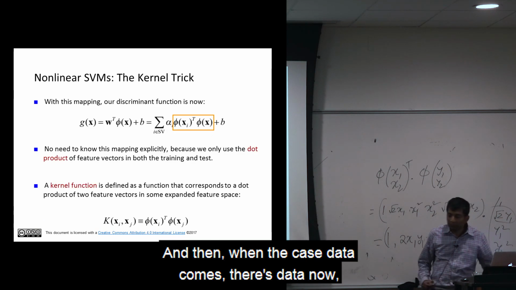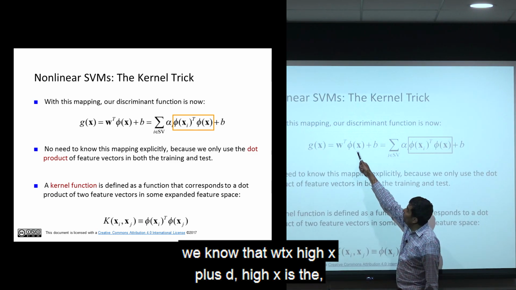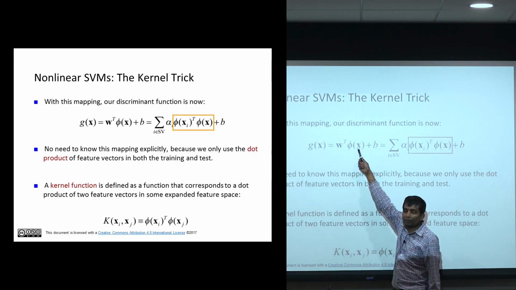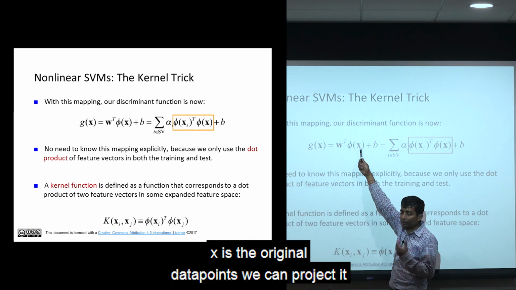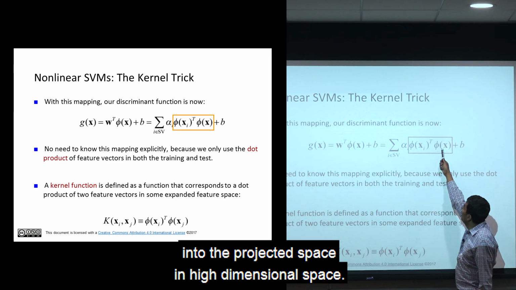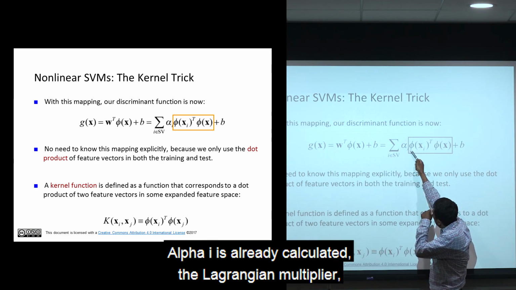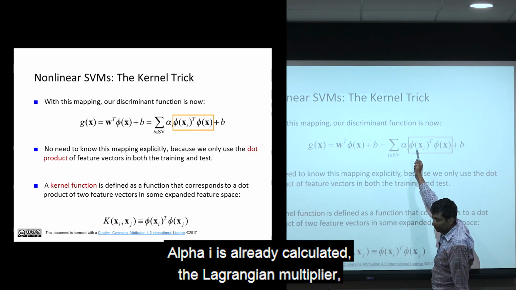And then when the test data comes, we know that it is w^T phi(x) + b. Phi(x), where x is the original data point, will be projected into the high dimensional space. Then what will we do? Alpha i we already calculated, the Lagrangian multiplier.